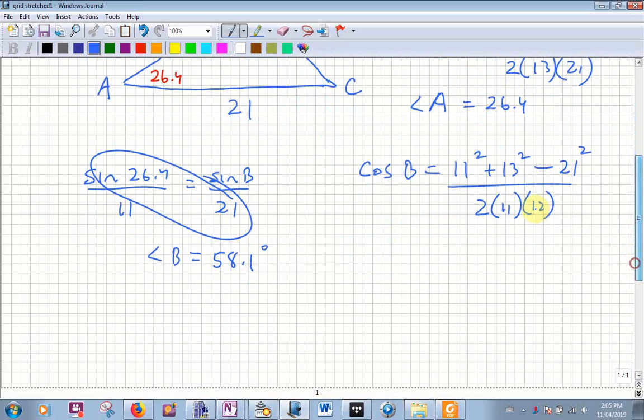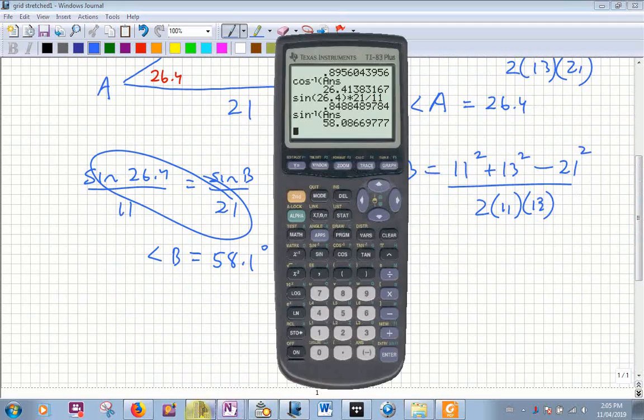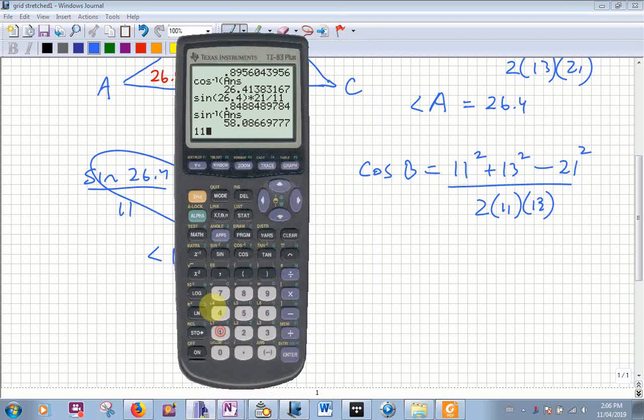So 11 squared plus 13 squared minus 21 squared, divided by 2, divided by 11, divided by 13 is the ratio. Inverse cosine of that gives me 121.9.